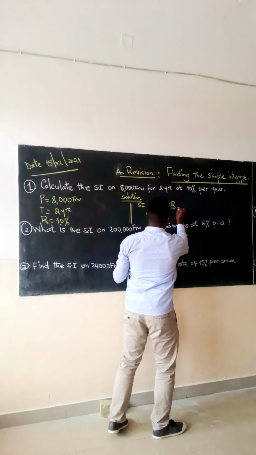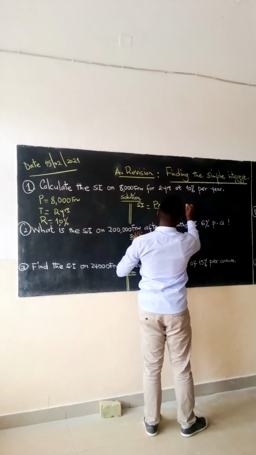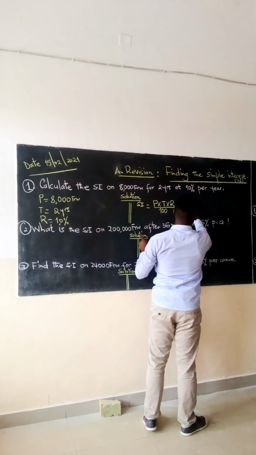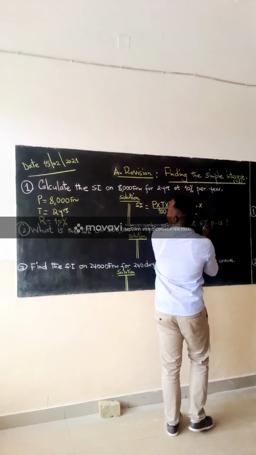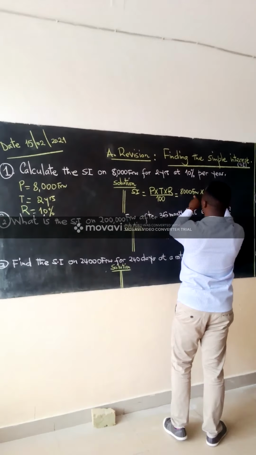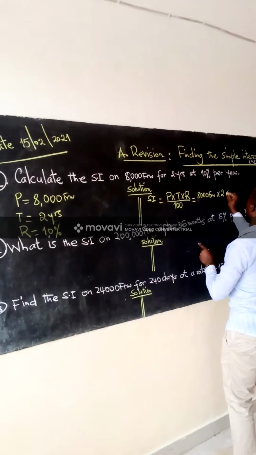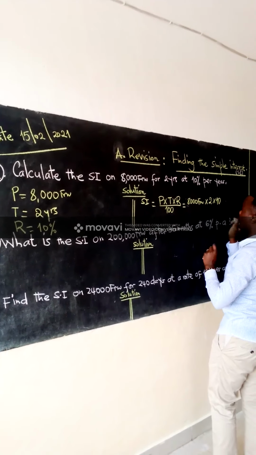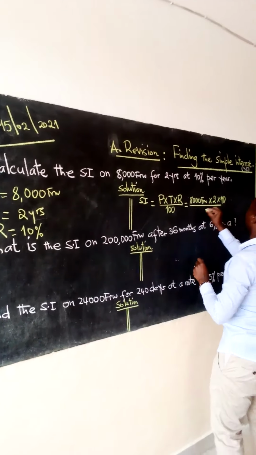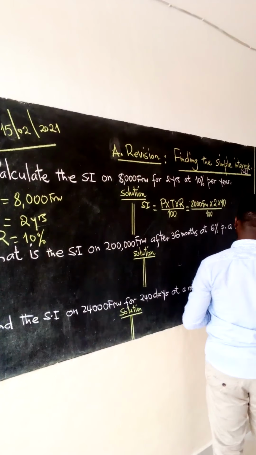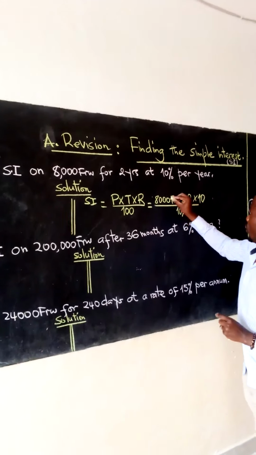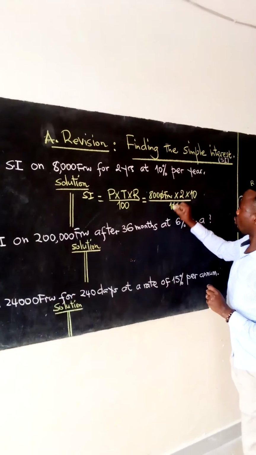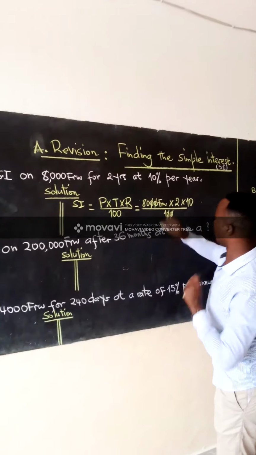To have principal 8,000 francs. Remember to put the unit. We have 2 years. We have the rate over 100. We can simplify. I chop this 0 and chop this one.